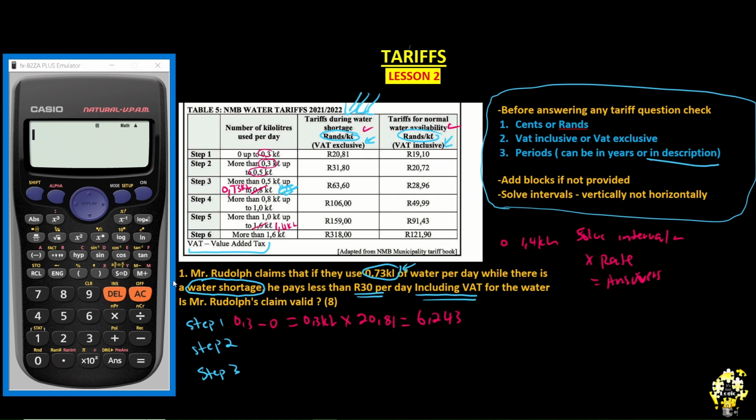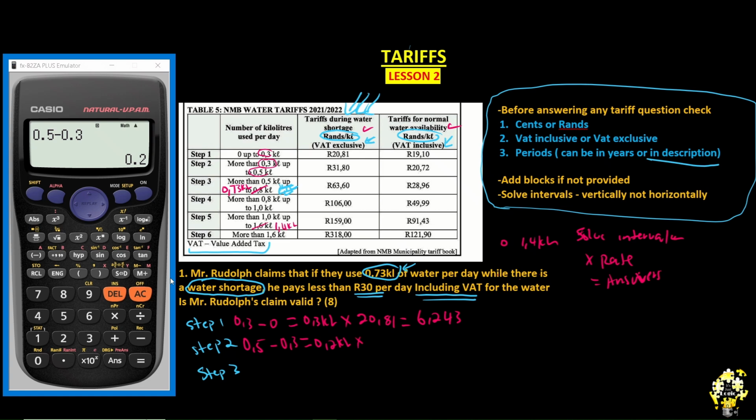It's still the same thing, I know. But we are trying to build a foundation here towards success. 0.5 subtracting a 0.3. So let's come to our calculator. What do we get? We get a 0.2. So it's 0.2 kiloliters.